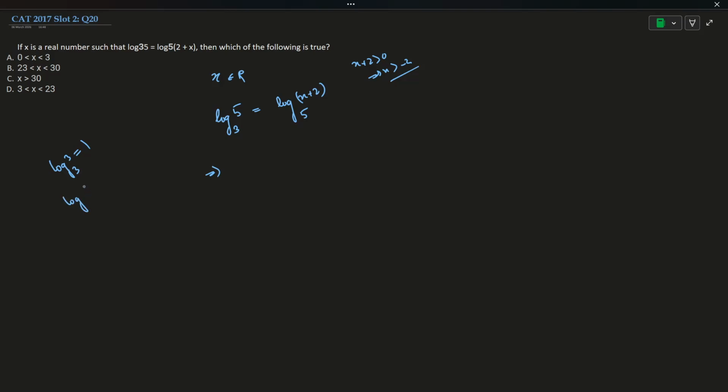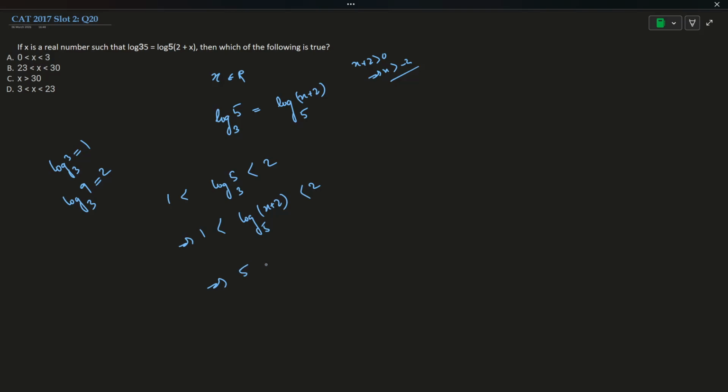And log 9 to the base 3 is 2, right? And that means 1 less than log 5 to the base 3 less than 2. I can write like this, right? And 1 less than, what is this? This can be written as log of x plus 2 to the base 5, right?